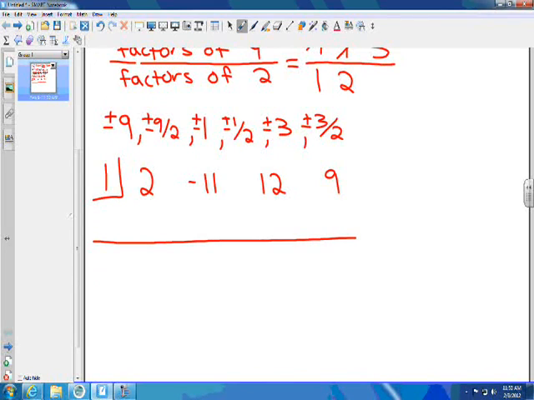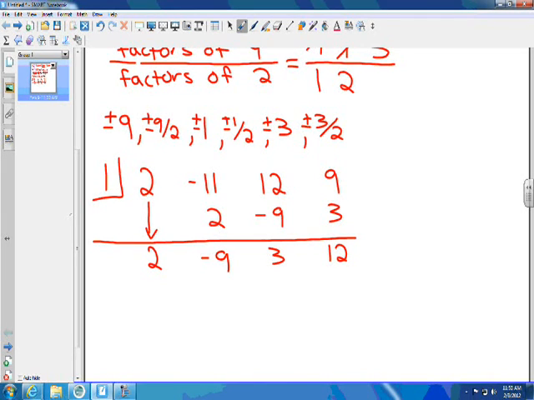Skip a line, draw a line, bring down 2. 2 times 1 is 2, add down, negative 9. Times 1, negative 9, add down, 3. Times 1, 3, add down, 12. And what's that mean? 12. It is not a 0.